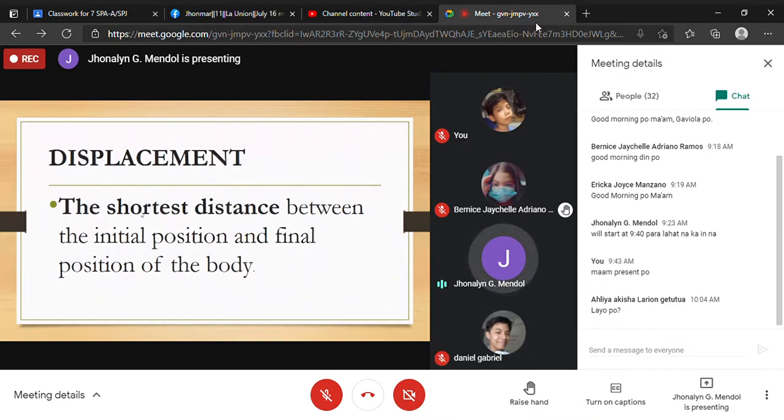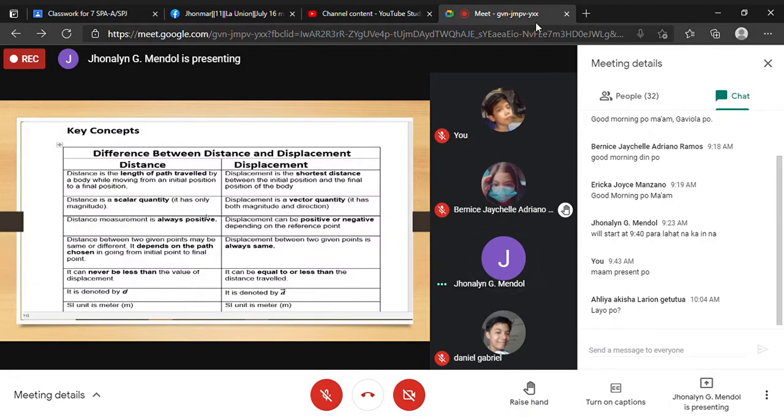Thank you. The shortest distance, so meaning it's between the initial position and the final position of the body. But we're talking about the shortest distance. Later, you will know what I'm talking about. So, let's have first the difference between distance and displacement, a comparison.